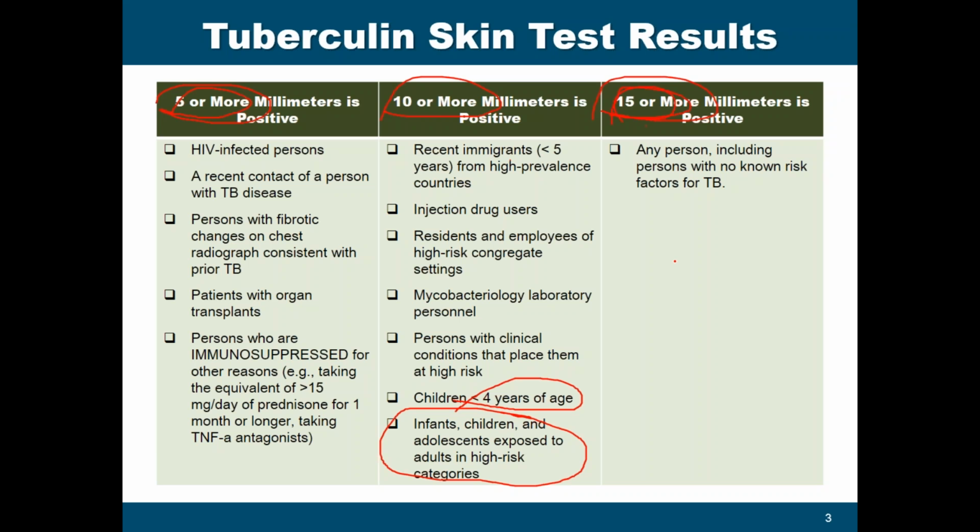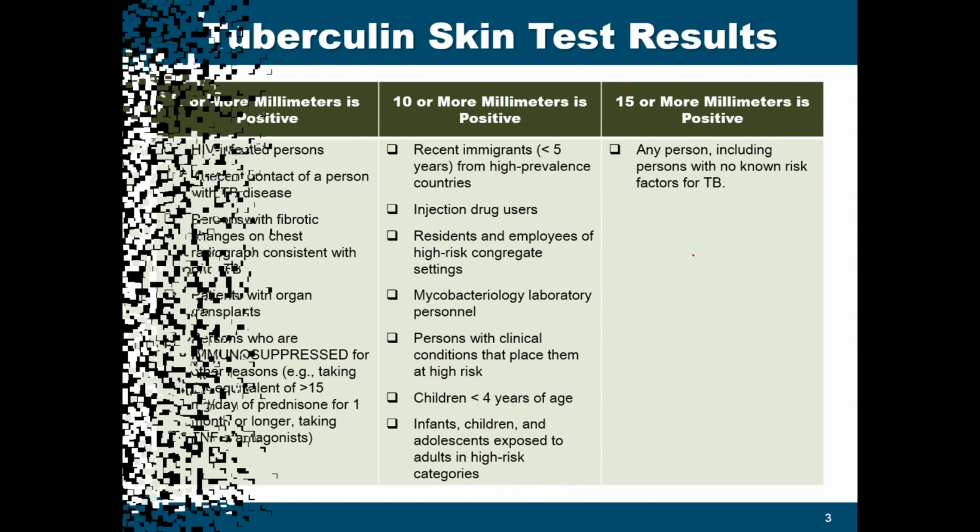So this is just a very good summary or illustration of the groups of patients and the risk factors that you need to consider when using which parameter for interpreting your Mantoux skin test. So take note of this in the NCLEX.